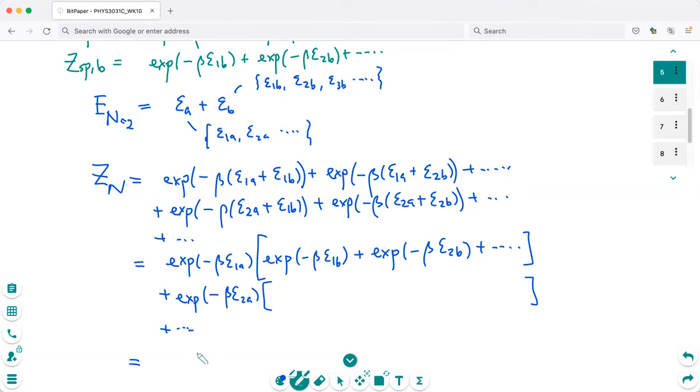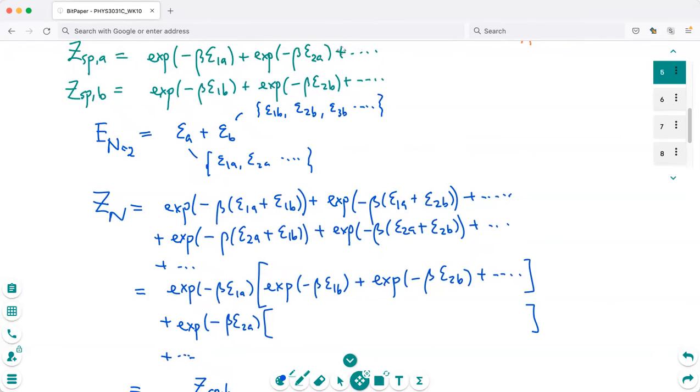So that common factor is this, and what is in the square bracket is this. And then what is inside here, all this sum, once you pull out this common factor again, you are left with the single particle partition function for A. This is the line above it.